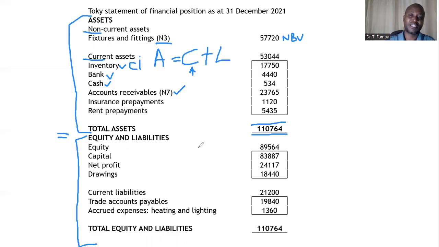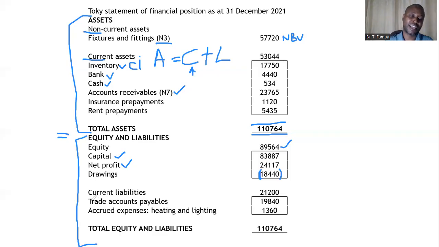So our equity here is made up of capital, then the retained profit, then we deduct. We are supposed to put parentheses on this figure. So effectively, if we add this to this and deduct this figure, we should get this figure, which is our equity. Then our equity should be added to the value of liabilities.